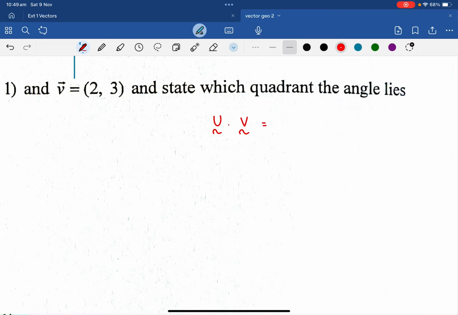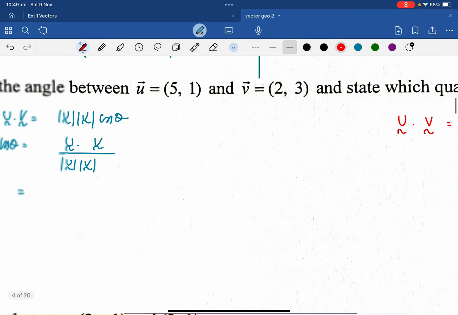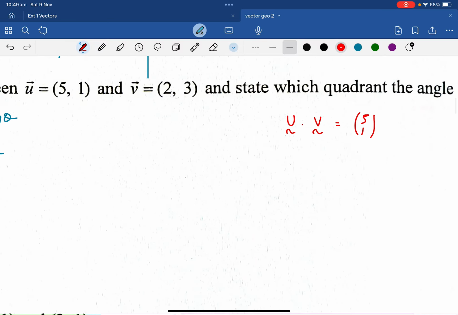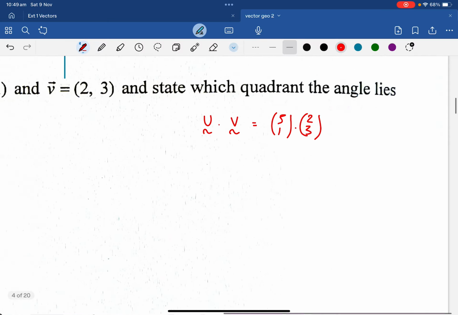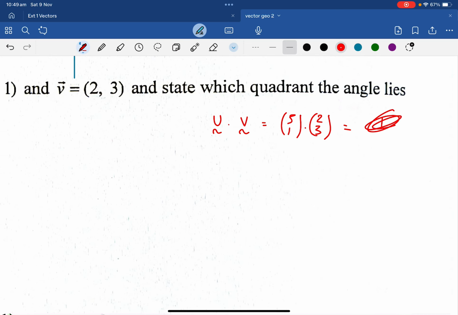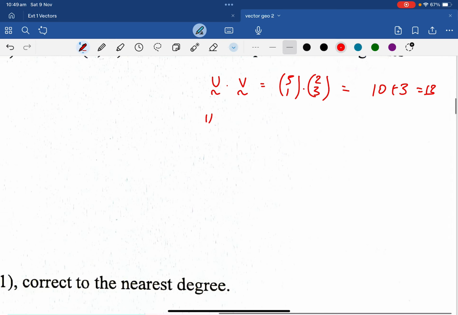Well, u dot v is just 5 1 multiplied by 2 3, and that's equal to 10 plus 3, which is 13. And then magnitude of vector u is just equal to the square root of 5 squared plus 1 squared, which is 25 plus 1, so square root of 26.